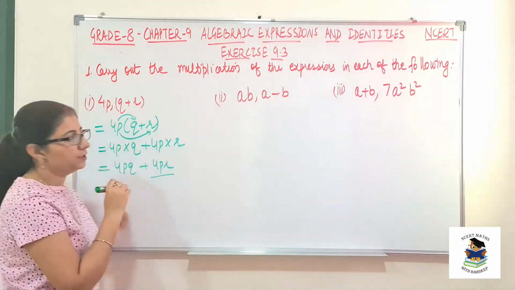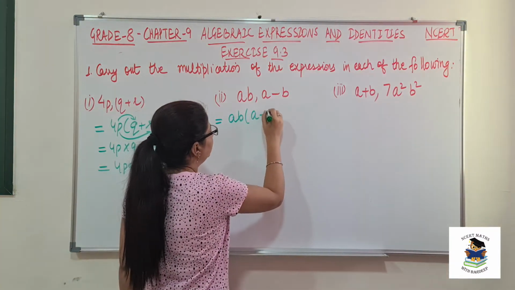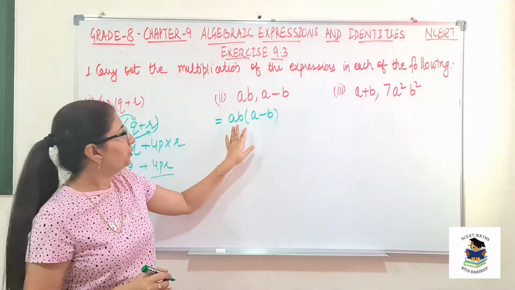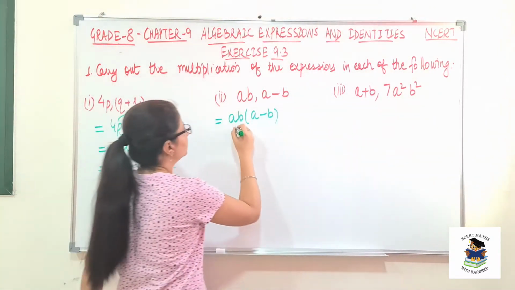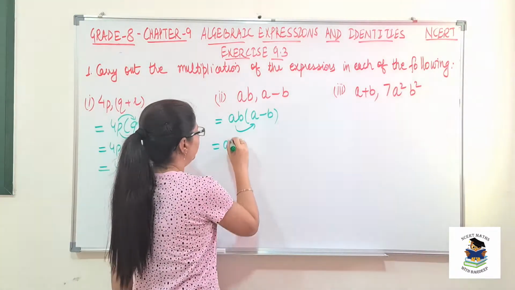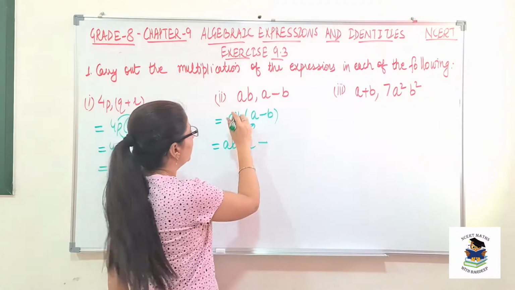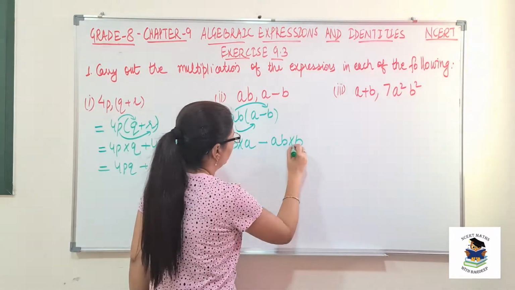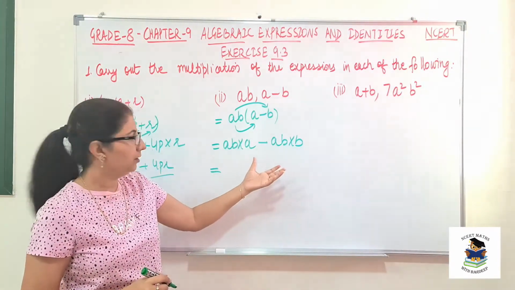Now let's move to the second part. That is ab multiplied with a minus b. Again, we should multiply our monomial with each term of the binomial. So that is ab into a, minus sign as it is, then ab into b. Now we will multiply the algebraic parts since we don't have any numerical coefficients.